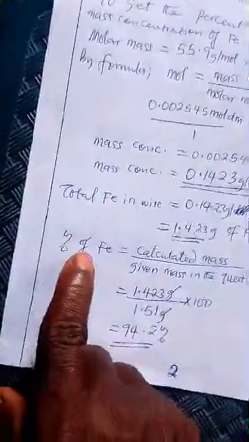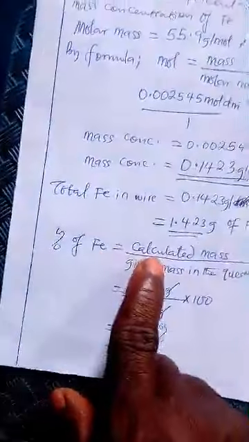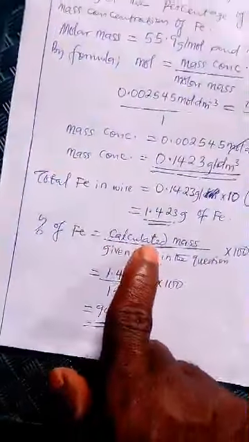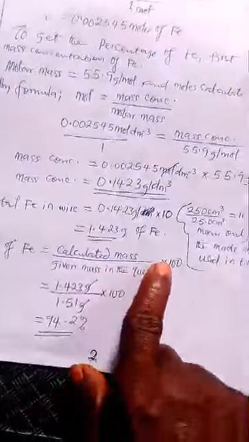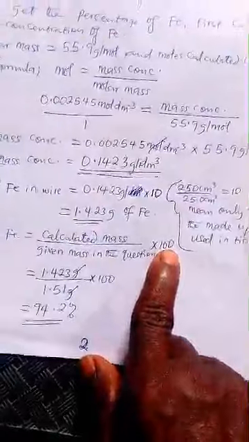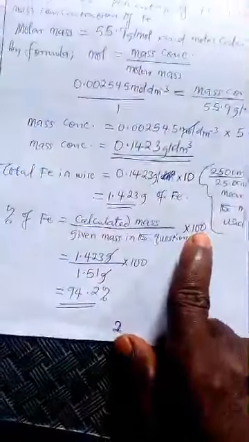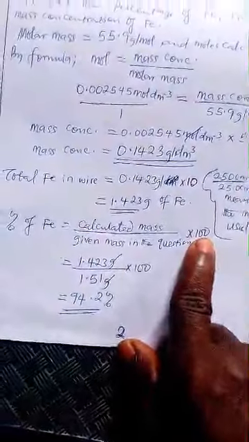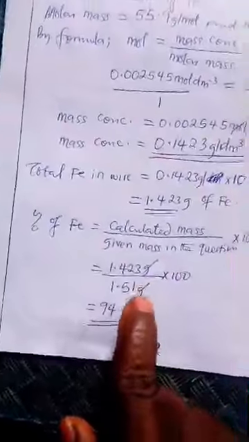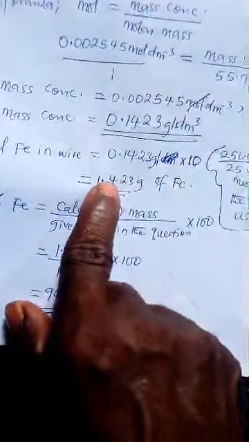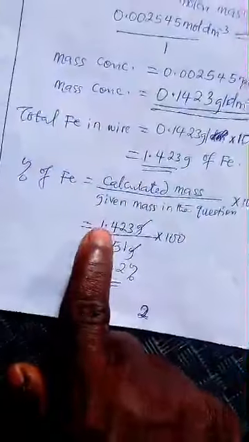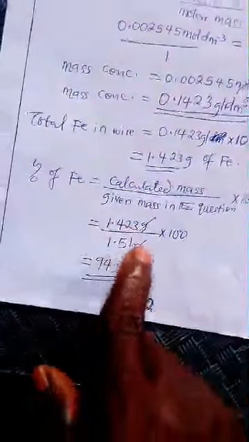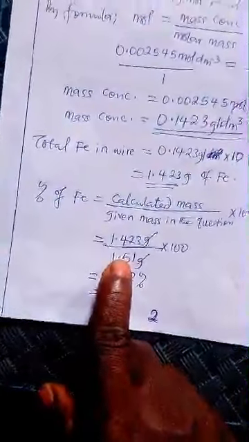Now the percentage of iron is the calculated mass over the given mass in the question multiplied by 100 percent. So our calculated value is 1.423 gram over 1.51 gram.